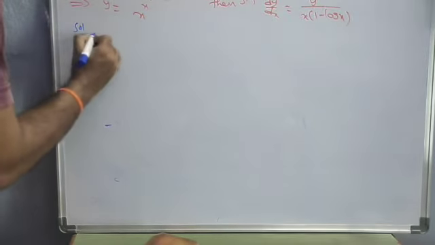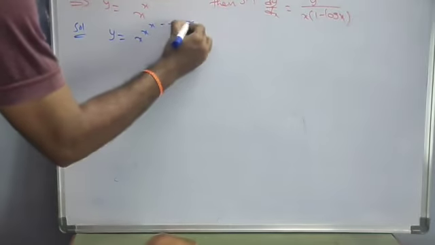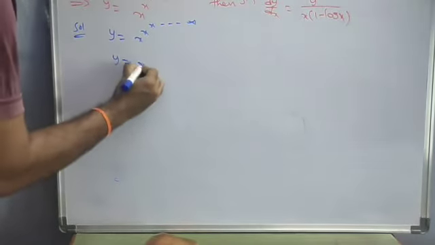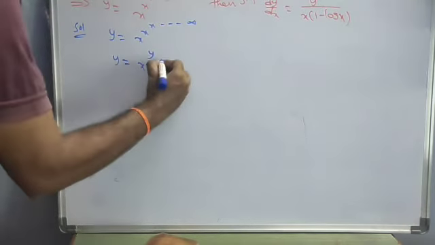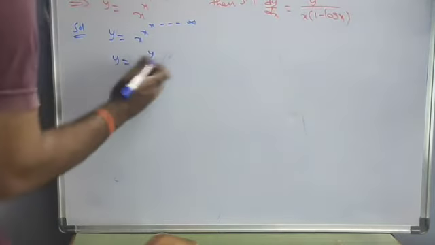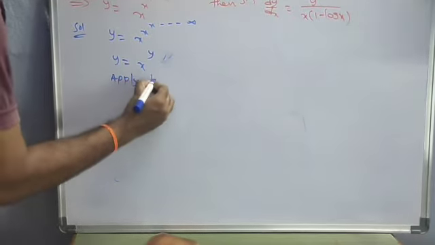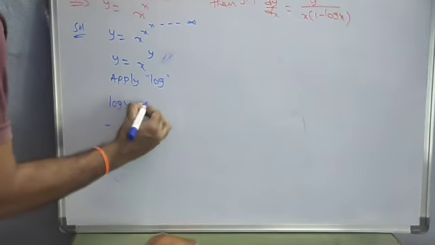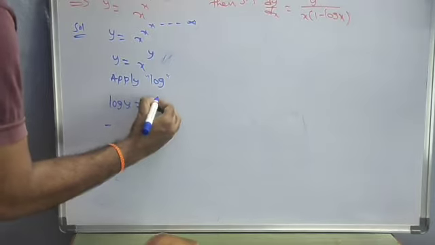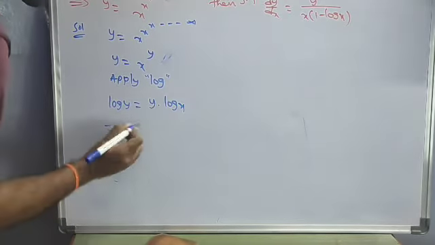So in the solution, given y equal to x to the power of x to the power of, and so on, so y equals x to the power of this total value, which I am taking as y. Okay, so here it is a power function, so apply logarithmic differentiation. So log y equals log of x power y, which is y into log x.